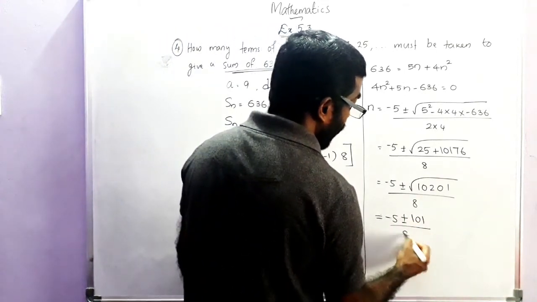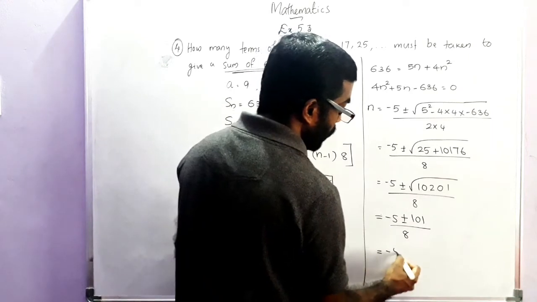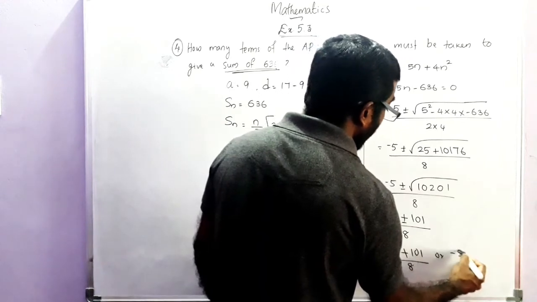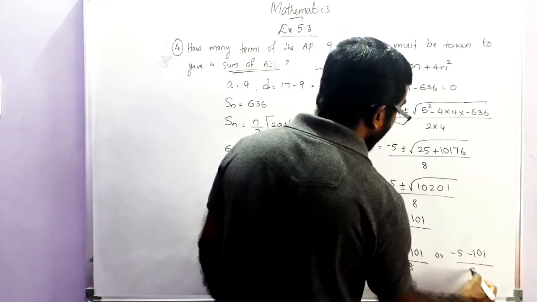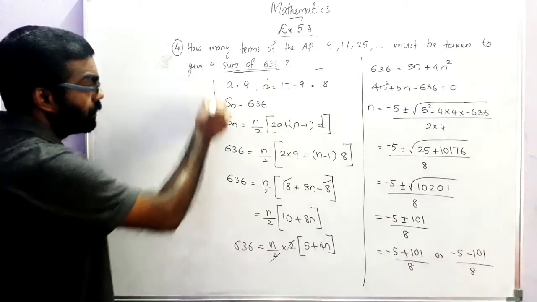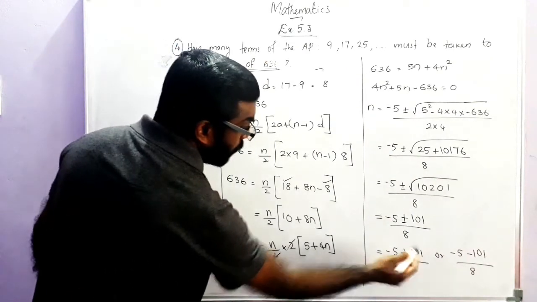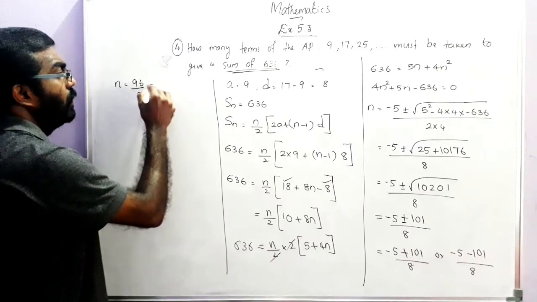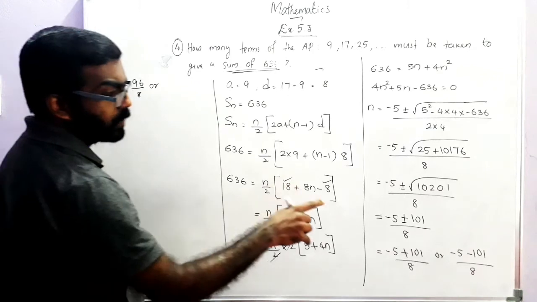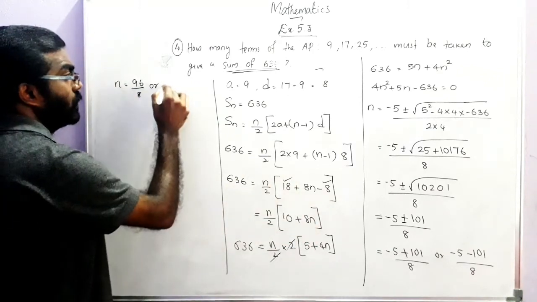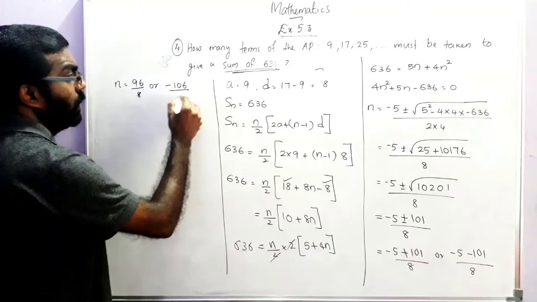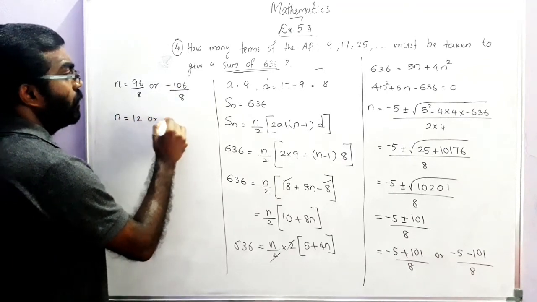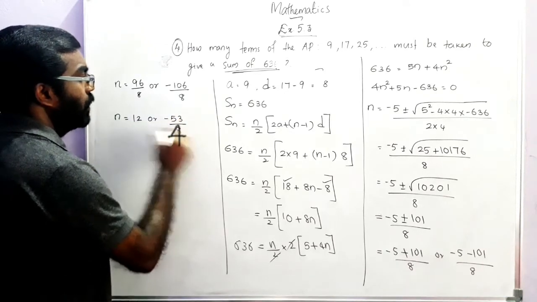Which is equal to minus 5 plus or minus square root of 10,201, and it is 101, divided by 8. So this can be written as minus 5 plus 101 divided by 8 or minus 5 minus 101 divided by 8. Okay, that is minus 5 plus 101 which is 96 by 8, or minus 5 minus 101 that is minus 106 divided by 8, or n is equal to 12 or minus 53 by 4.